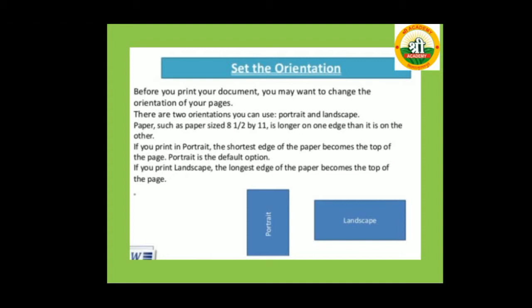Paper such as paper size 8.5 by 11 is longer on one edge than the other. If you print in portrait, the shortest edge of the paper becomes the top of the page. Portrait is the default option. If you print landscape, the longest edge of the paper becomes the top of the page. Here is the given figure of portrait and landscape examples.